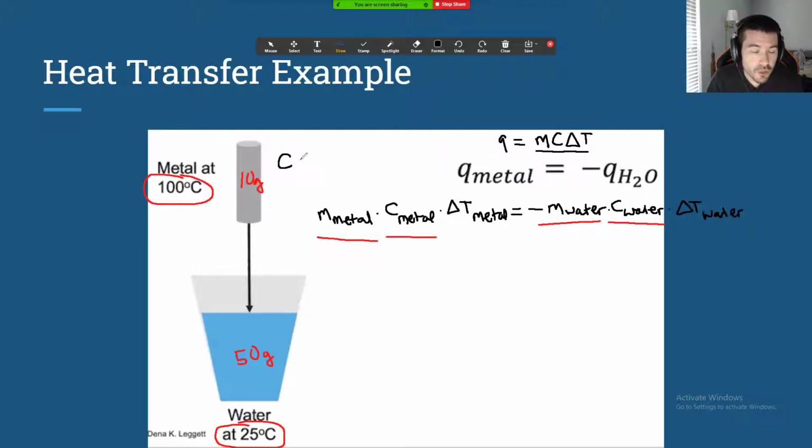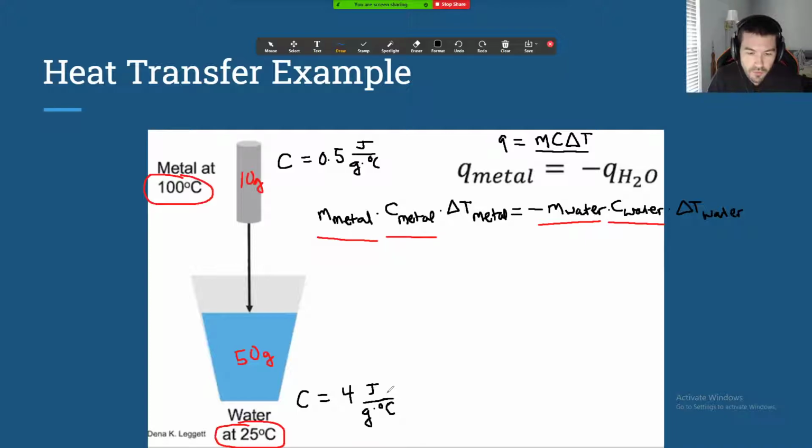I'll go with a general heat capacity for metal, let's say 0.5 joules per gram degree Celsius. And for water, I actually know what water is. I'm going to do an easy version of it. It's actually more like 4.18, but for some easy math, we'll say 4.